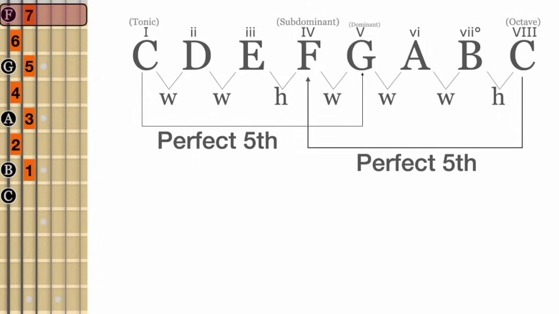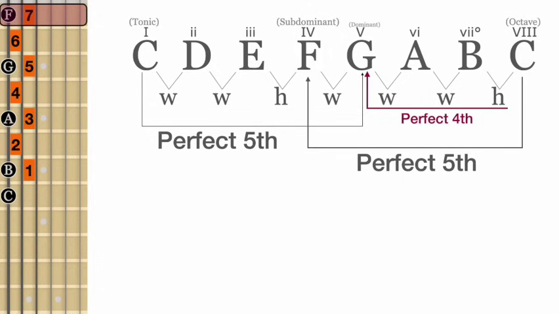Now, this is where the perfects start to really work out. If we go from the octave to the dominant, we have a half step, a whole step, and a whole step. So we have 5 frets moving back from the octave to the dominant, and that is a perfect fourth.